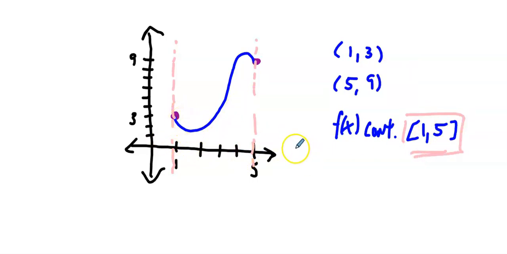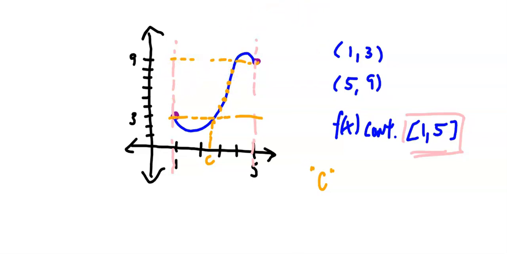And what the IVT says is that there has to be some value C. If I were to put a point here at C, it's got to hit the values between 3, our lowest value, and 9. Now, it can go above and below, but I have to have a point where it hits 4. There's got to be a point where y equals 5. There's a point where y equals 6, 7, 8, and 9.